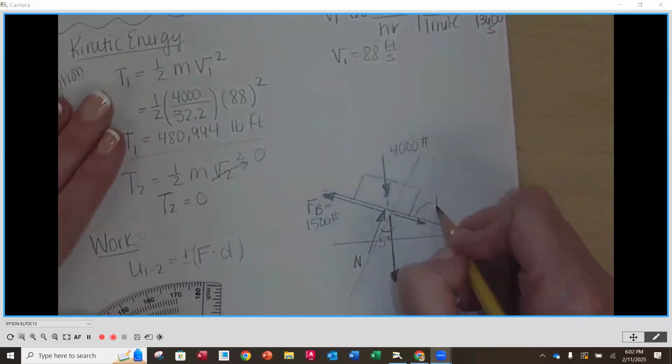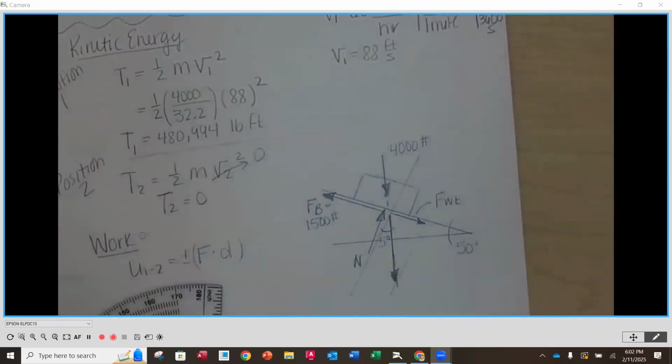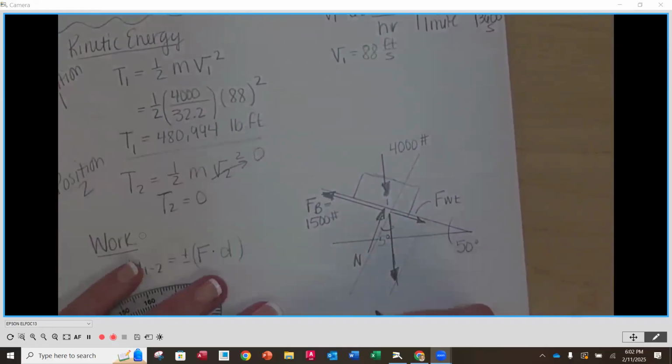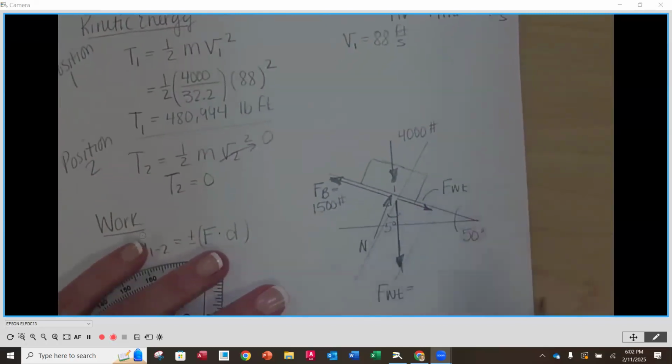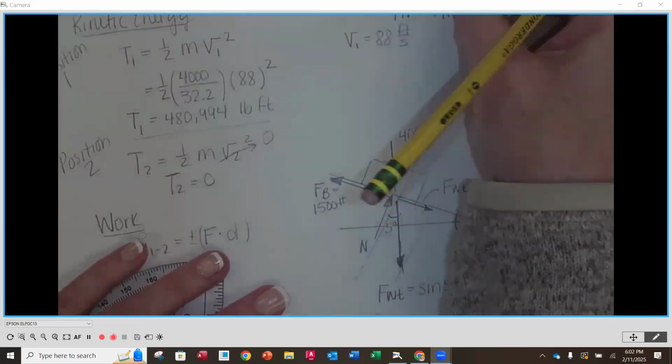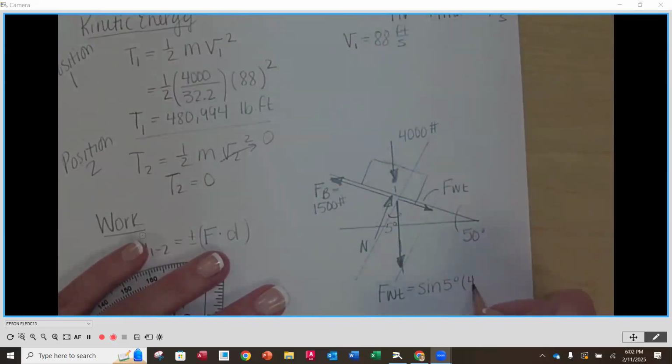This is going to be FWT. I'm going to call it the component of the force from the weight of the car. Now, to calculate that, I can use a little bit of trig, right? I can say FWT, which is that little component right here, is going to be equal to the sine of 5 degrees times 4,000 pounds.